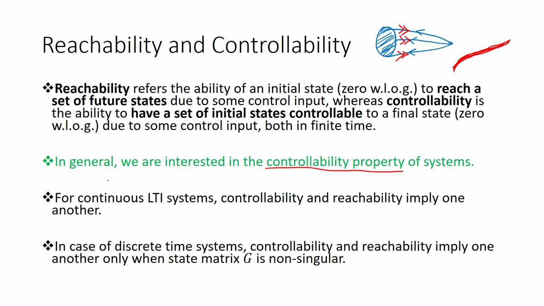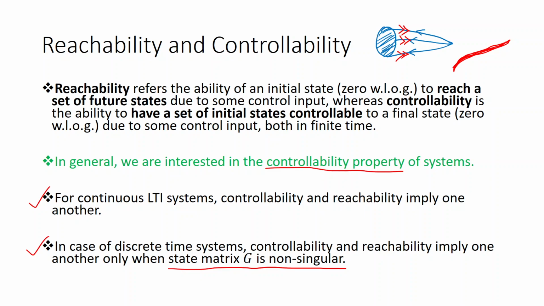This I already stressed, and this is another fact: in a discrete time system, controllability and reachability will imply one another only when the state matrix G is non-singular. This is a fact I am stating without proof, so you should keep that in mind.